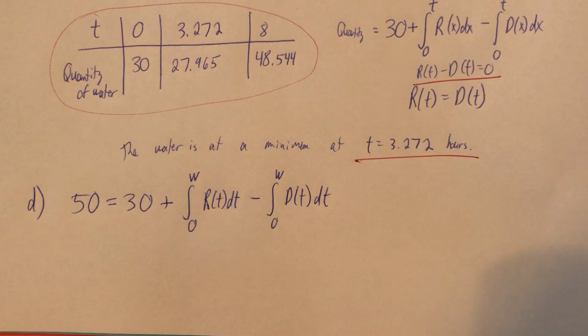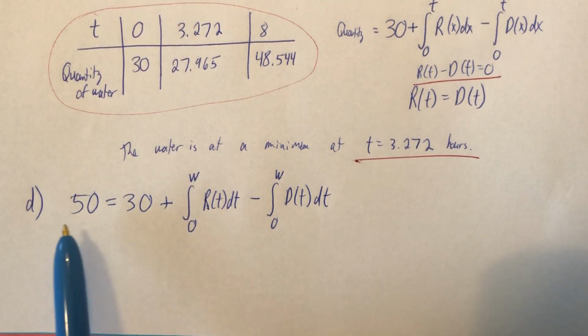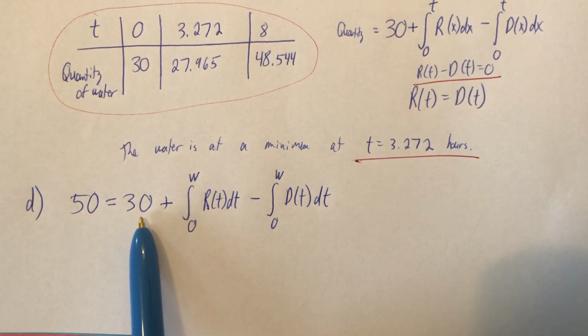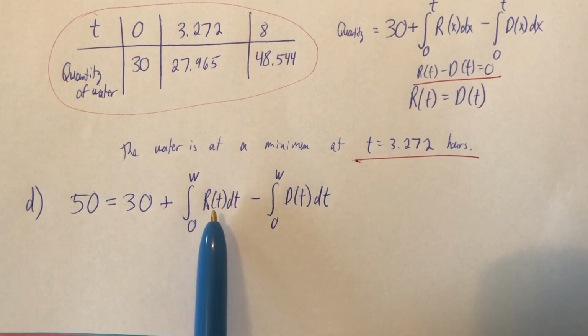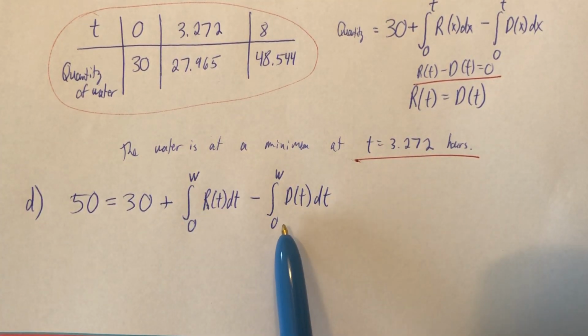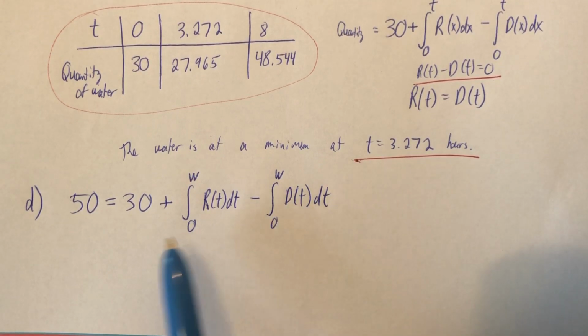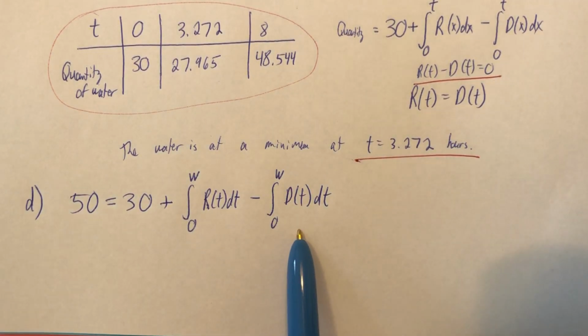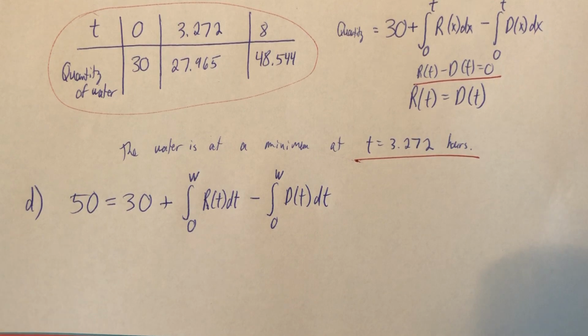Let's make sense of this just to make sure we understand it. The quantity is 30, because I started at 30, plus what I've put in from 0 to w, minus what I took out from 0 to w. And that's all I had to do. Don't solve it, just write it. The integral itself is 1 point, and the equation itself.